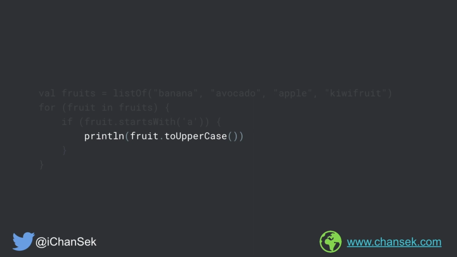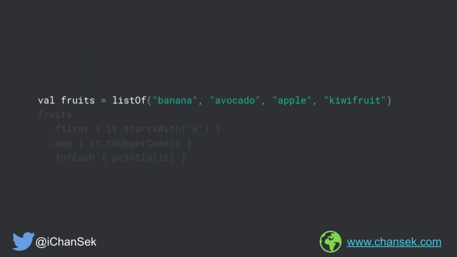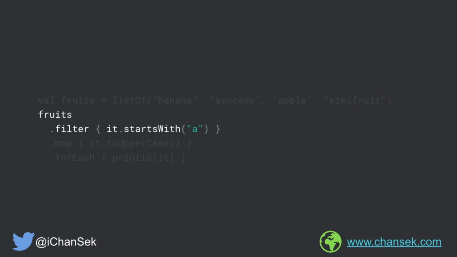Now if you convert the same example into functional style, this is the way it looks. Now if we are going to understand the same program again, this is the way we have to go about it. So it is like, okay, fruits is defined as a list of some fruits, then we are going to filter those fruits which start with A. Then all those filtered fruits are going to be converted into uppercase, and all those converted uppercase fruits are going to be printed out.